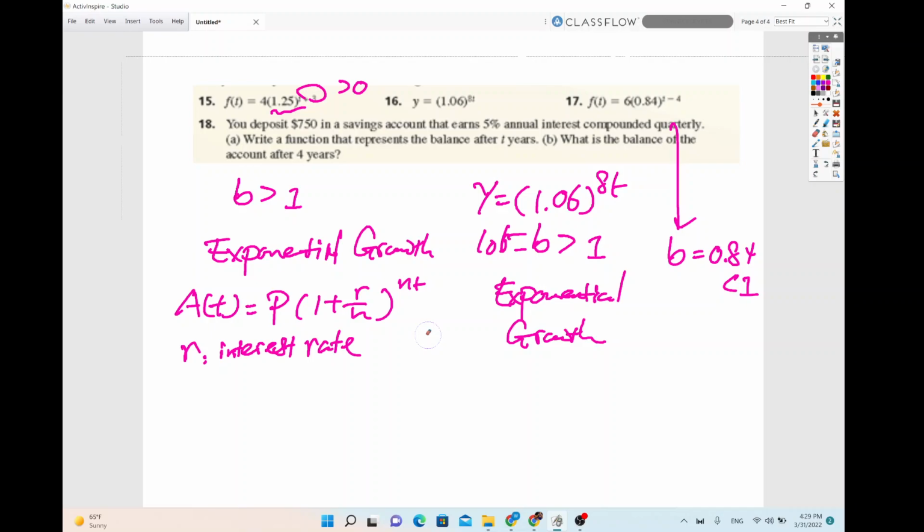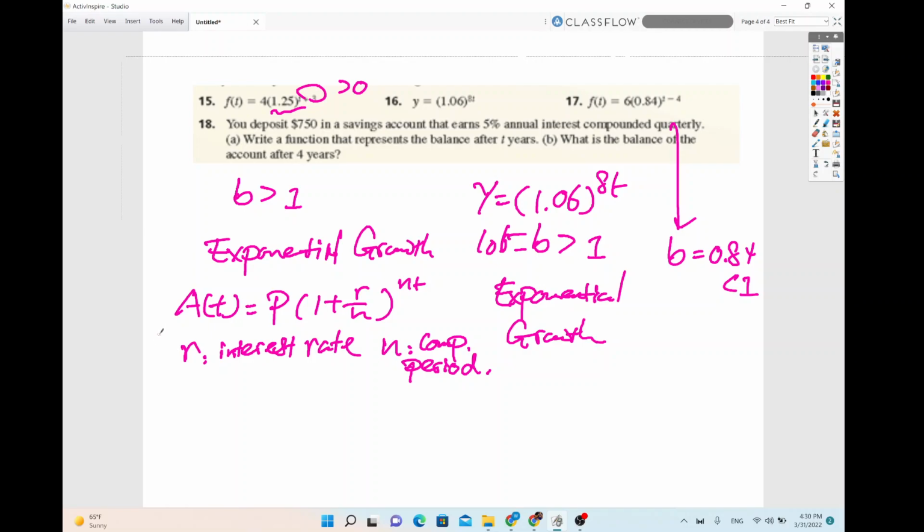It looks like this one is compounded quarterly, so that means 4 quarters in a year. So n is 4.